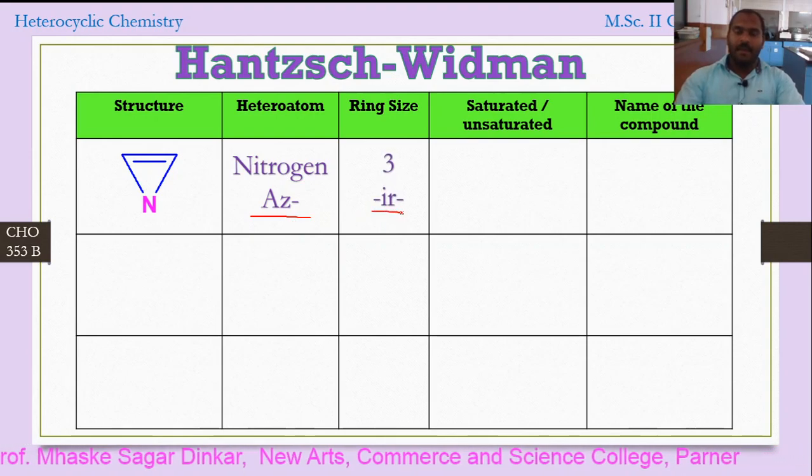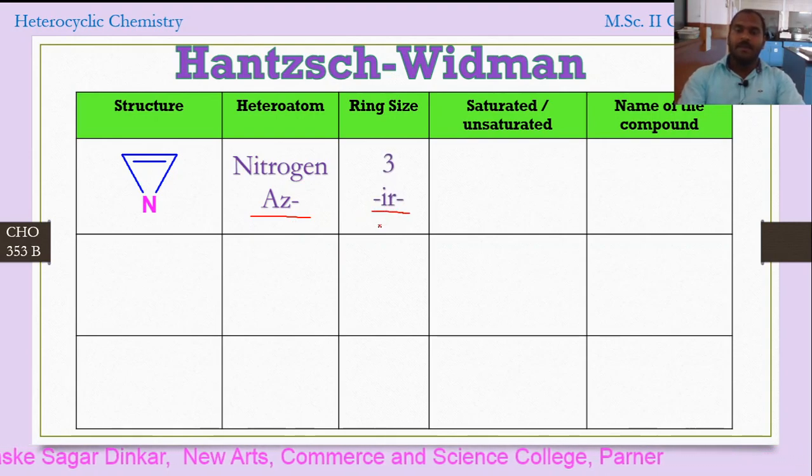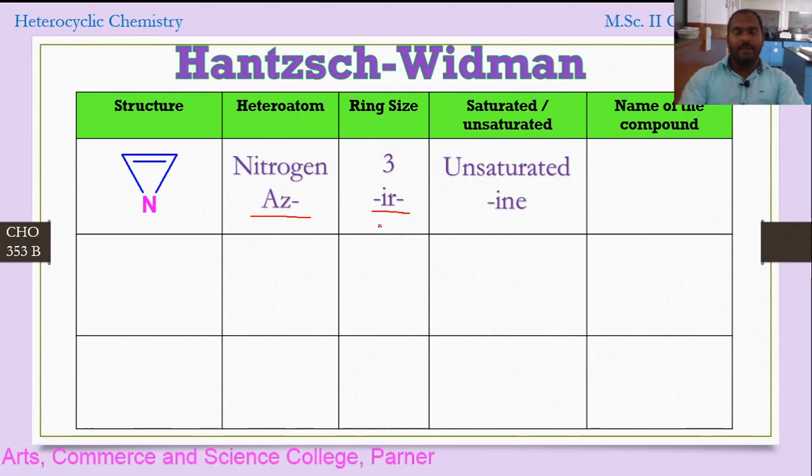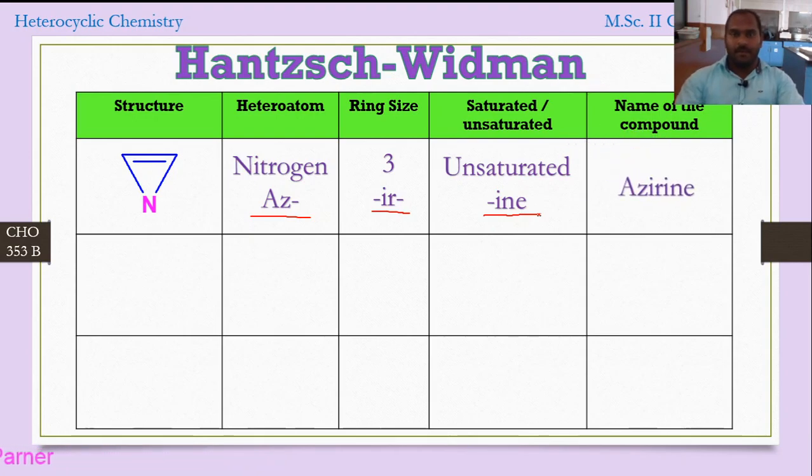Is it saturated or unsaturated? It is unsaturated, so INE. We combine these three and the name of the compound will be azirine.